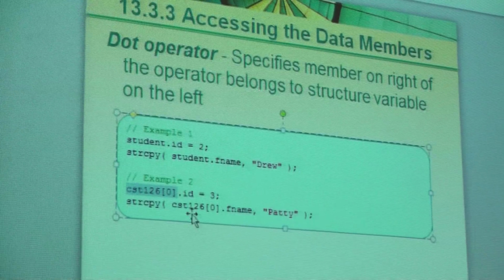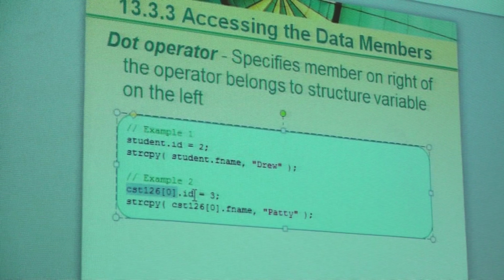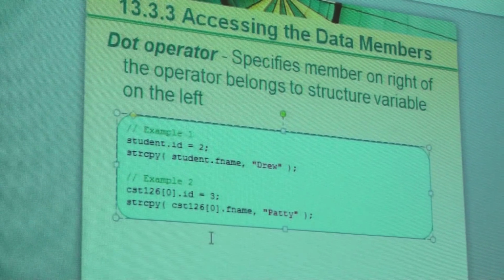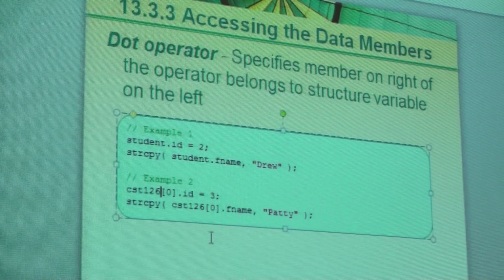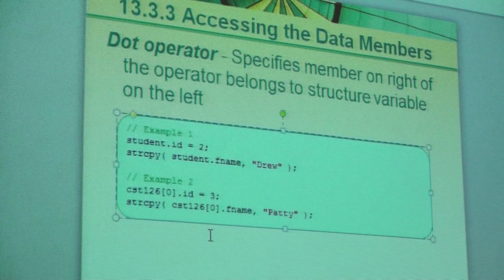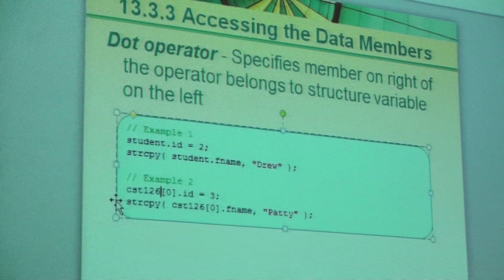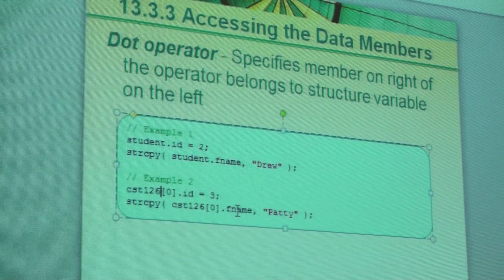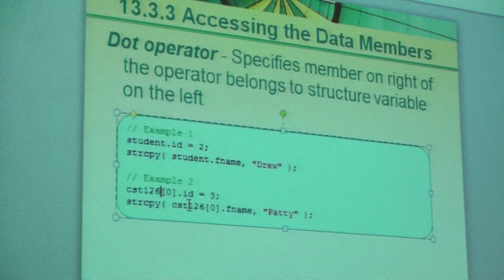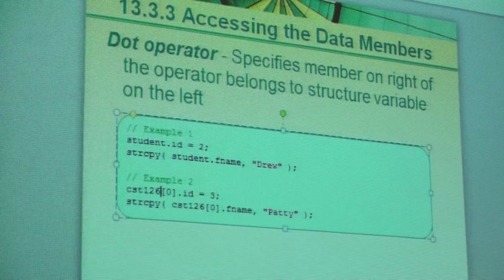I want, as I read it, I want the ID member of, that's the dot here, of the 0th structure in CST 126 array. Is that clear? The elaboration here can get lengthy, but it's pretty straightforward once you understand what's going on. Copy Patty into the first name member of the 0th structure within CST 126 array.